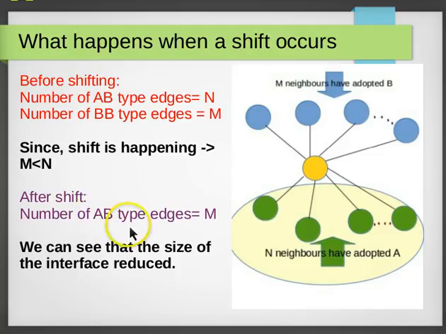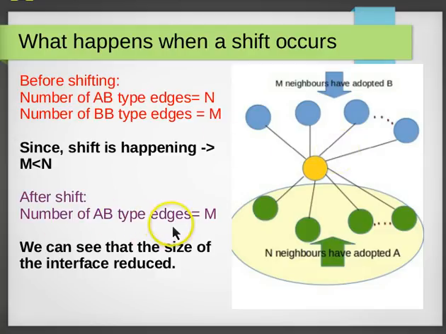Now let us see what happens after the shift. After the shift, the yellow node will come here, and all these AB kind of edges will convert to AA kind of edges, and all the edges here which were BB kind of edges will convert to interface edges, that is AB edges.